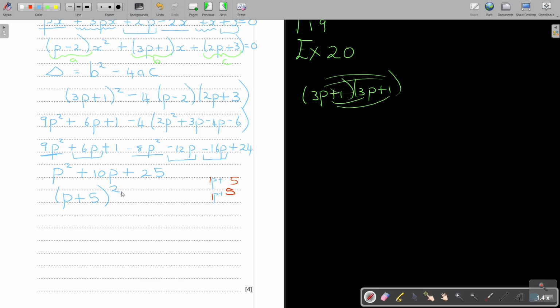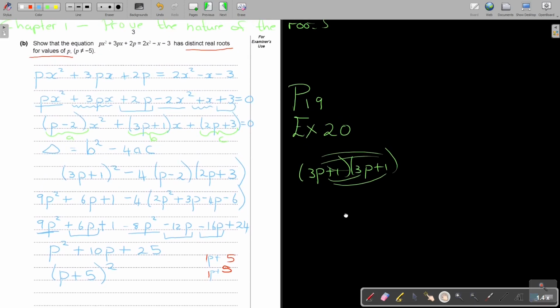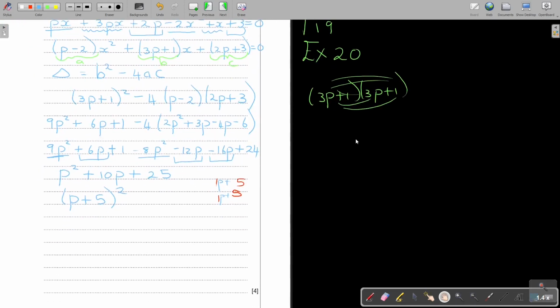Now, when it's real and distinct, you have to go again to chapter 1 and look at that sum. It's when the roots, when the answer are always positive. Okay, but they said here that p will not be negative 5, because if it's negative 5, then it will be 0.